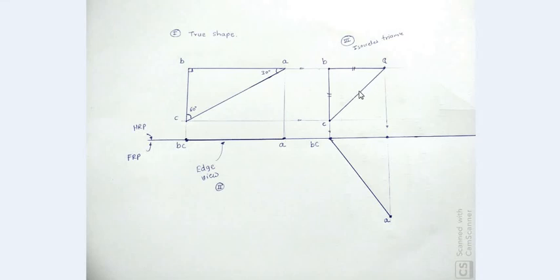Now there are only two criteria. A line exists in true length in any particular view if its adjacent view is either parallel to reference line or if it is existing in point view. In case of AC, both these possibilities are not existing. If you see the adjacent view, point A is here, C is here, AC is in the inclined position.